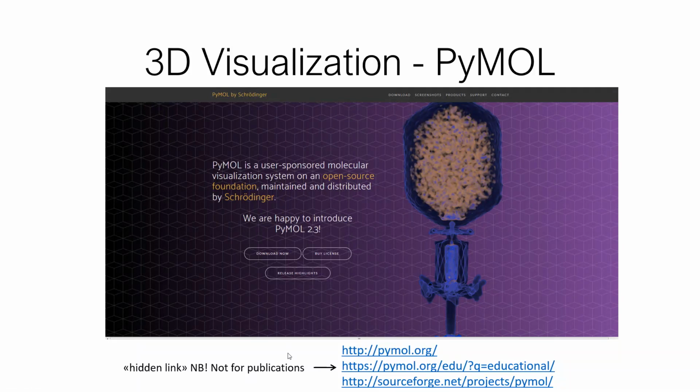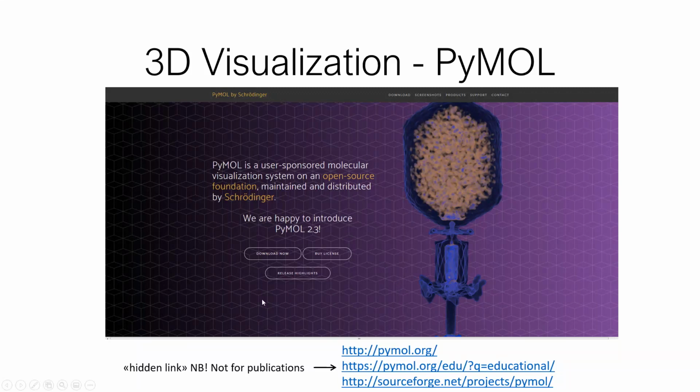You can also have an educational version of PyMOL, but the link is not so easy to find, but you can find it. It's here. If you go to pymol.org/edu, you can get the educational version of PyMOL that's for free. I think there are some limitations, and you're not really supposed to use it for publications.